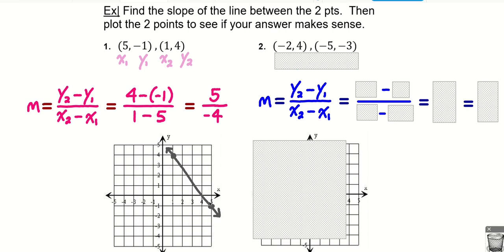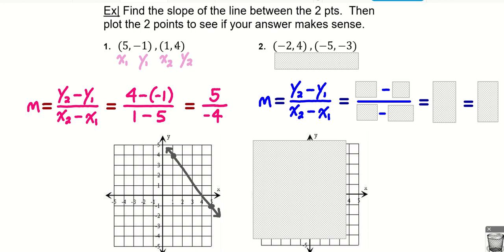So let's see here. Right here is 5, -1. And then this point right here is 1, 4. I'm going to take the opportunity right now to point this out, no pun intended. People can easily mix up plotting XY coordinates and slope.